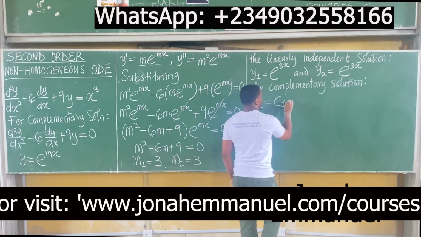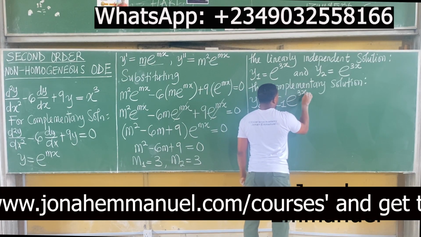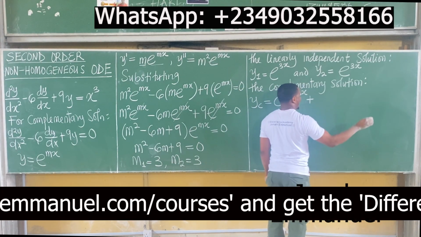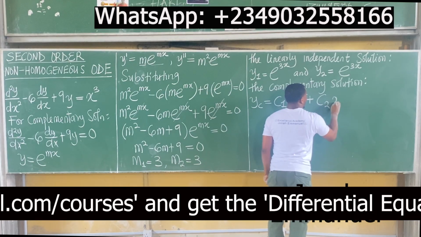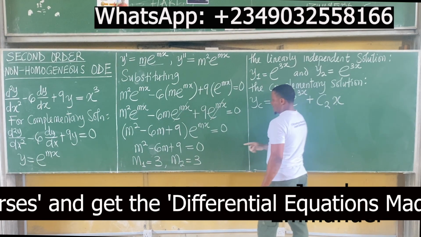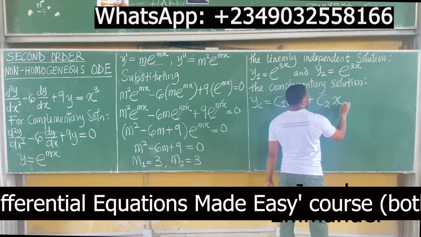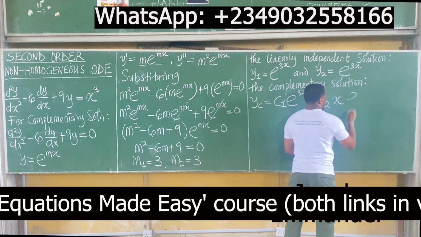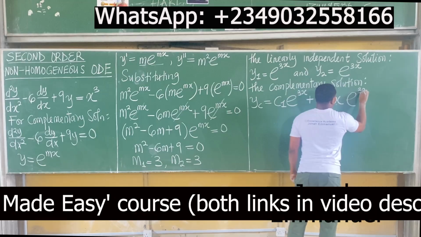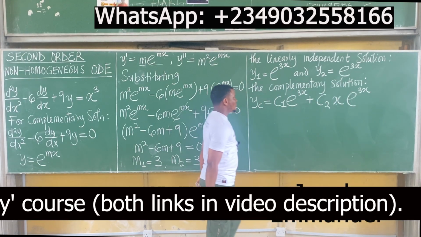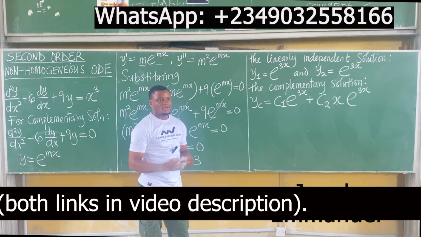What's y1? Exponential 3x, plus c2x. So c2x, you add the x here because you're having equal roots. Then y2. What's y2 there? Exponential 3x. So you have this. Basically, I have got my complementary solution.